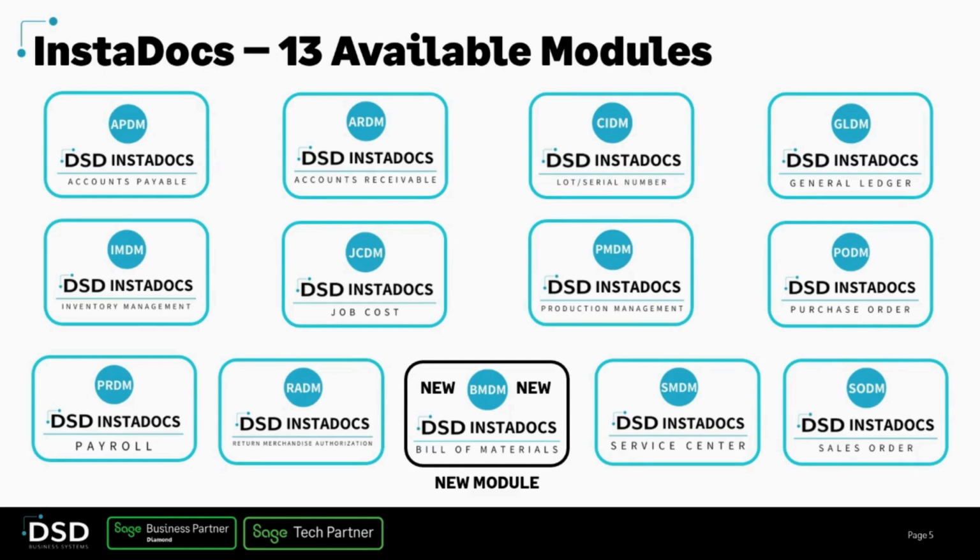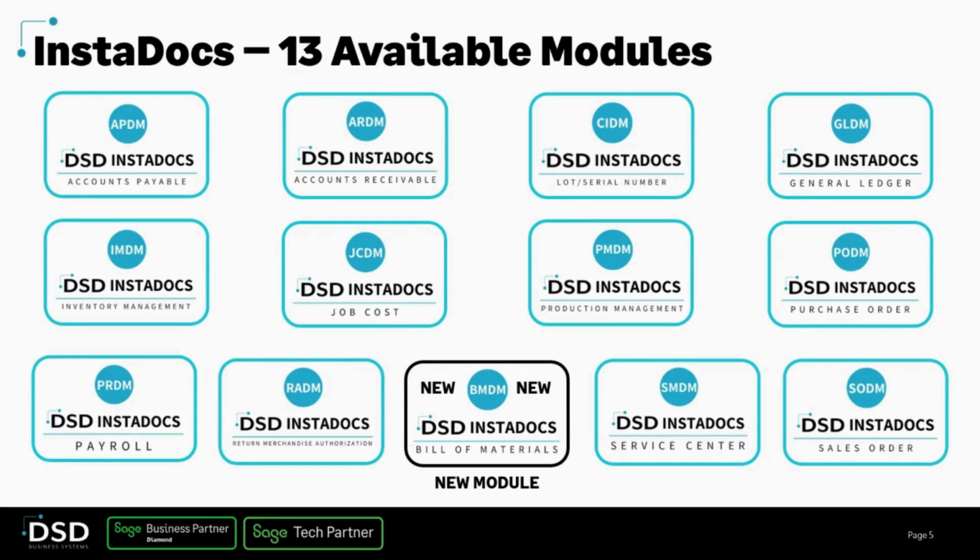So we have general ledger, job cost, production management, payroll, RMA. If you have DSD Service Center, we have Instadocs for that. And we just recently, about a month ago, which would be, you know, July 2026, we released bill of materials. So that was really the remaining module.